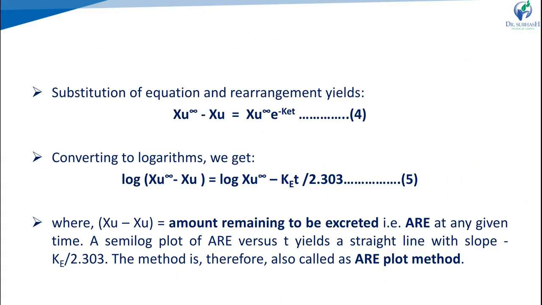We plot the graph of ARE versus time, which yields a straight line, and from that line we find the Ke value. The slope is equal to Ke/2.303, and from that we get Ke, the elimination rate constant.